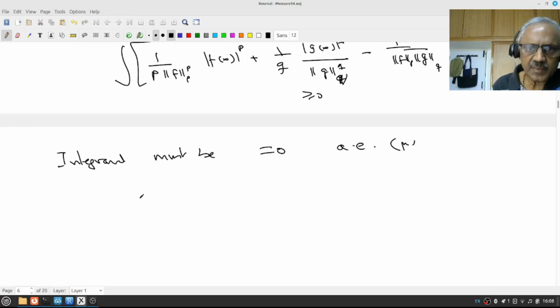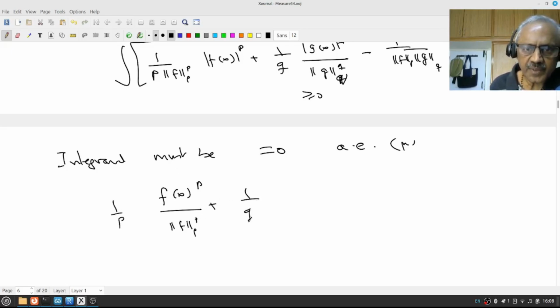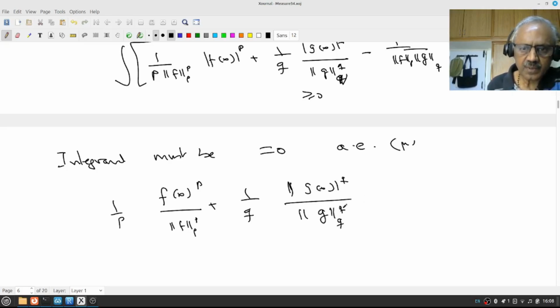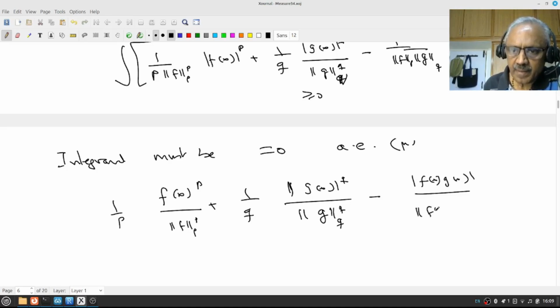Okay, what does that mean? That means |f(x)|^p by the LP norm of f to the power p, that is 1/p, plus (1/q) |g(x)|^q by the LQ norm of g to the power q, equal to |f(x) g(x)| by the product of the norms, this is 0 almost everywhere.